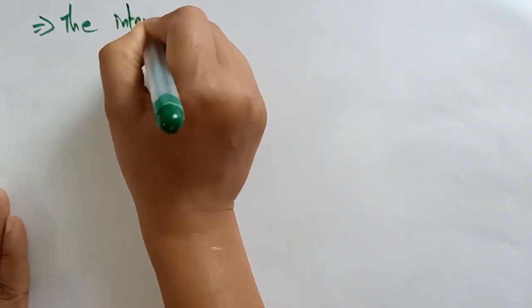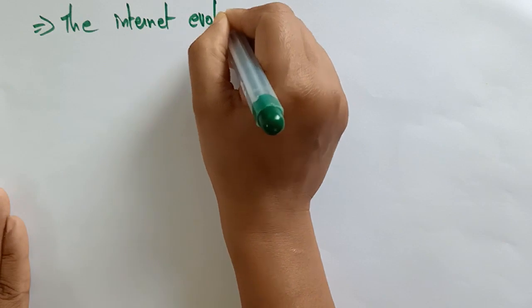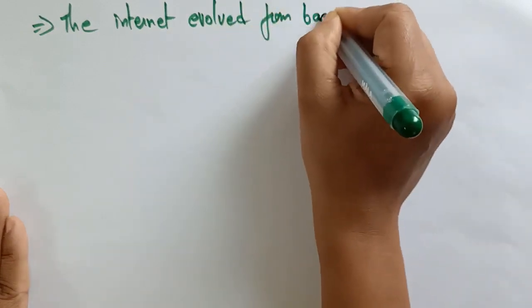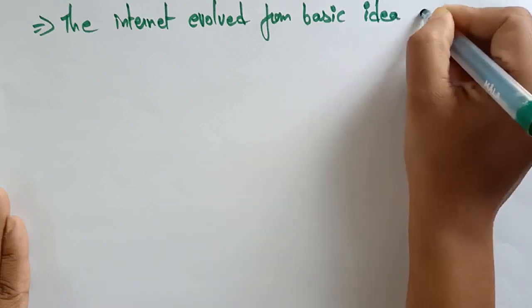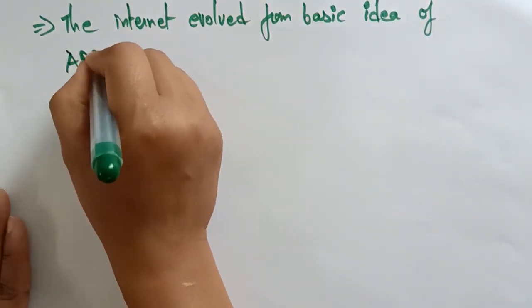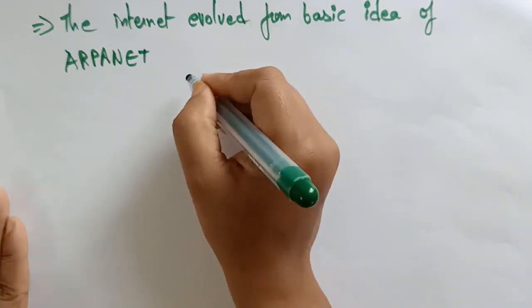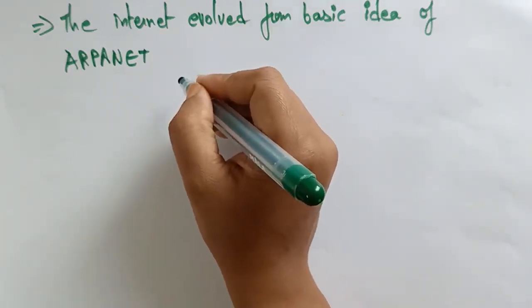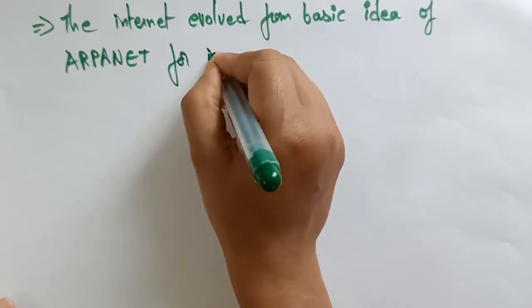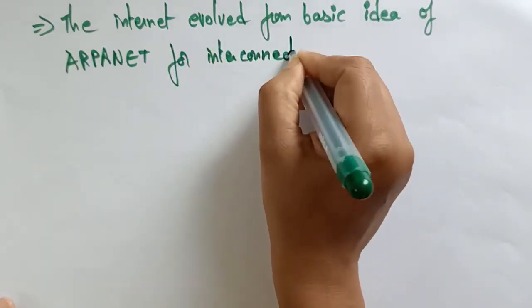Now let's see how the internet evolved. I said the roots started from this ARPANET, which is from the US Department of Defense. The internet evolved from the basic idea of ARPANET for interconnecting computers.